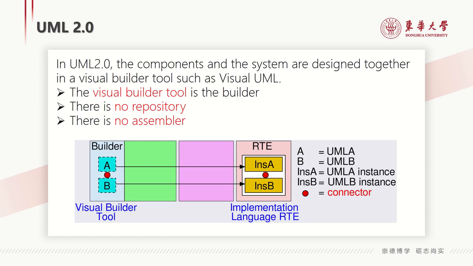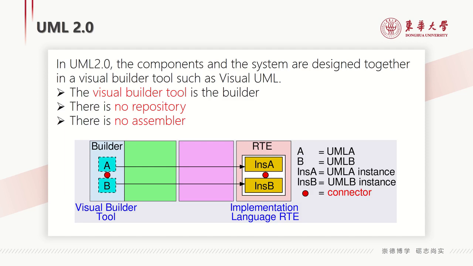So in UML 2.0, the components and the system are designed together in a visual builder tool, such as Visual UML. We now have a lot of UML tools. For example, there are too many examples, Microsoft Visual, and you can even use Visual Studio to do that.